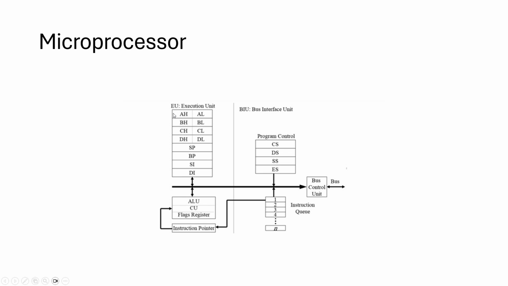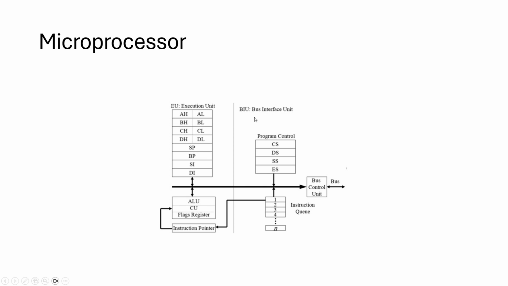The purpose of the execution unit is to execute the instructions, and the bus interface unit delivers the instructions and data to the execution unit. The execution unit contains the arithmetic and logic unit, control unit, and a number of registers.